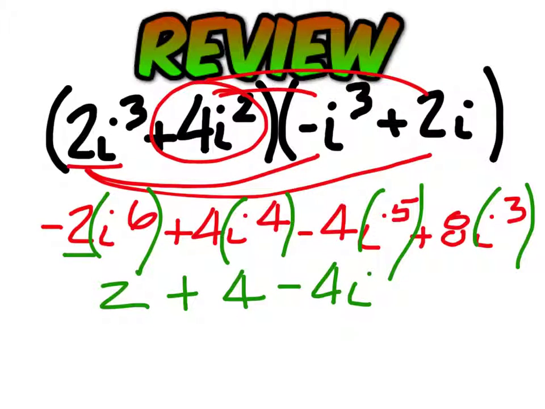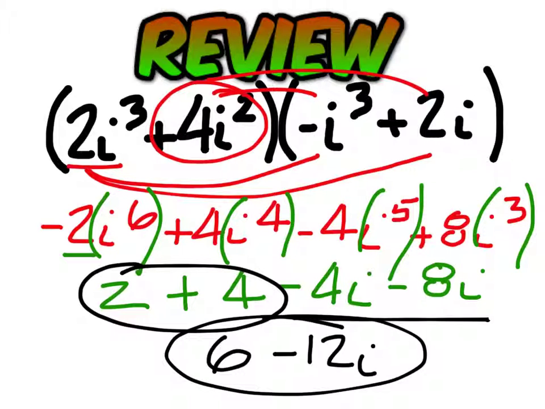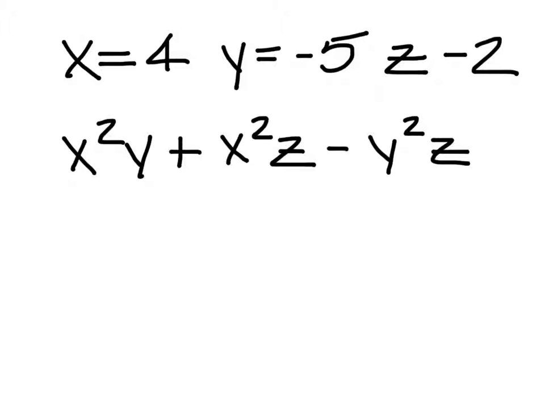And i to the 3rd is a negative i, so that'll give us a negative 8i. Now we have 2 plus 4, which is 6, and then negative 4i minus 8i is negative 12i. 6 minus 12i. The answer to the bonus should be a negative 62.